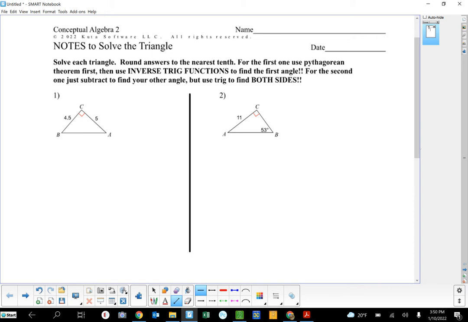The one on the left, you have two sides and no angles, except for the right angle, which is your 90-degree angle. And on the right-hand side, we have one angle, well, two really.